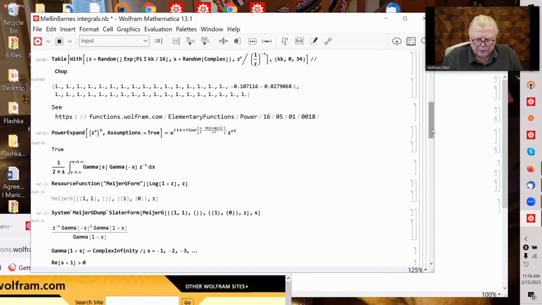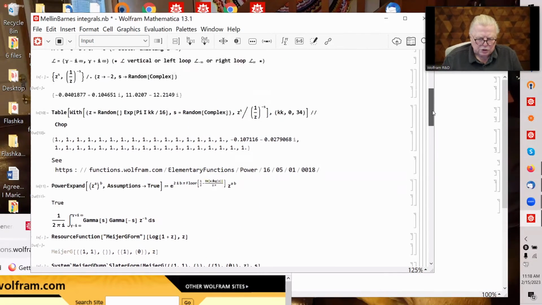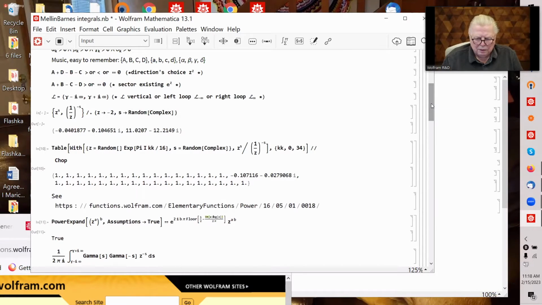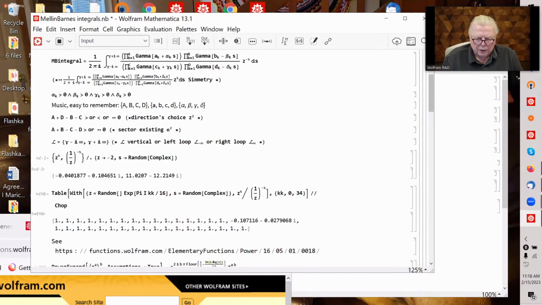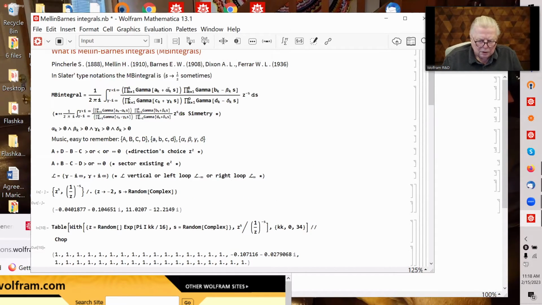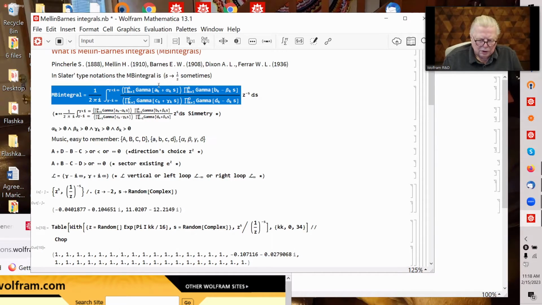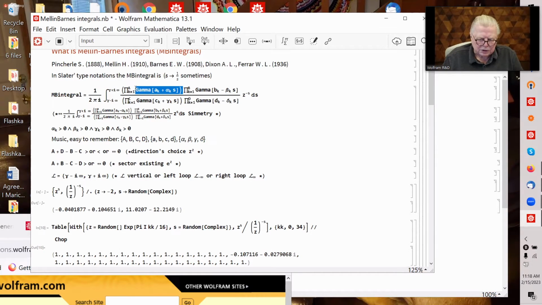Also, if we talk about definitions for Mellin-Barnes integrals, it is important to say that we should have separability left poles, which comes from these points, and right poles should be separable.